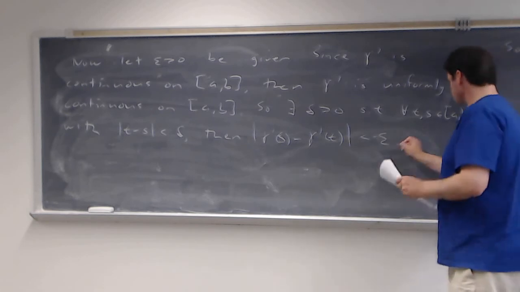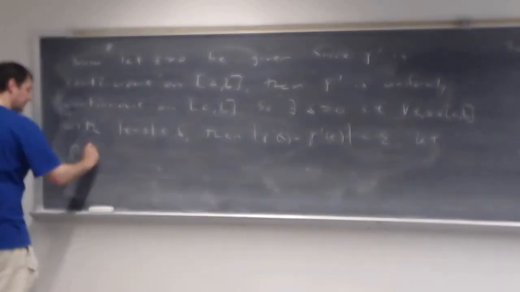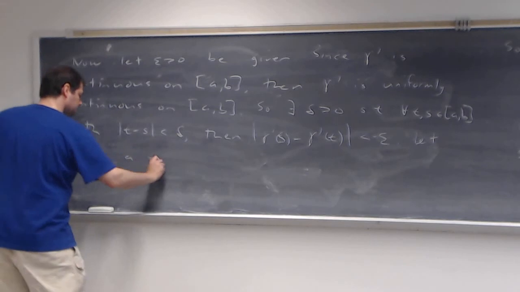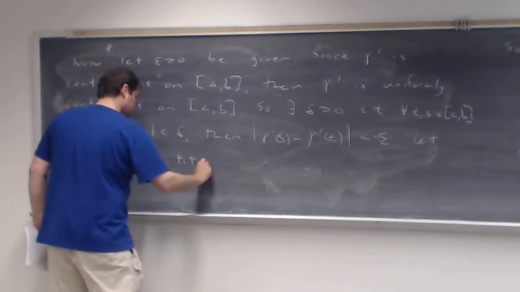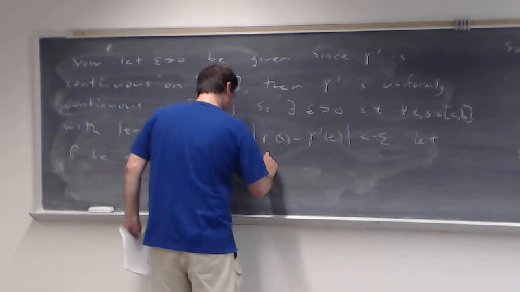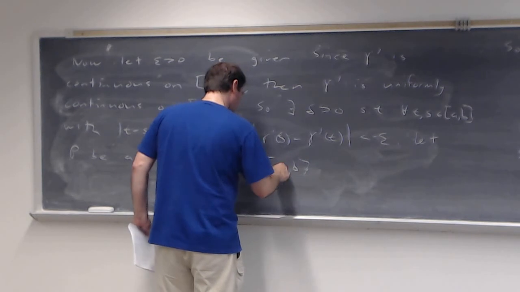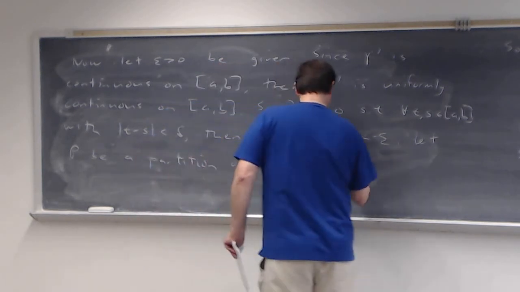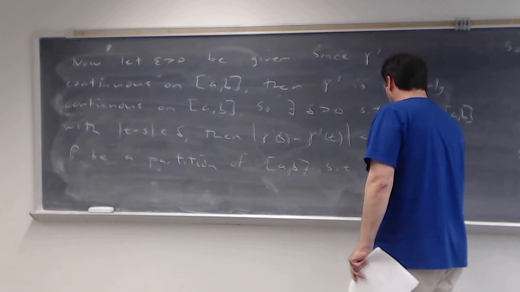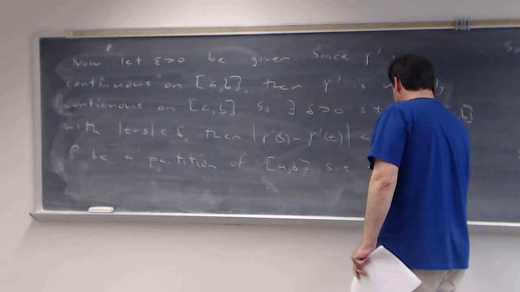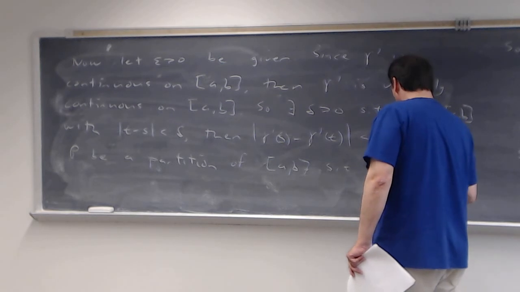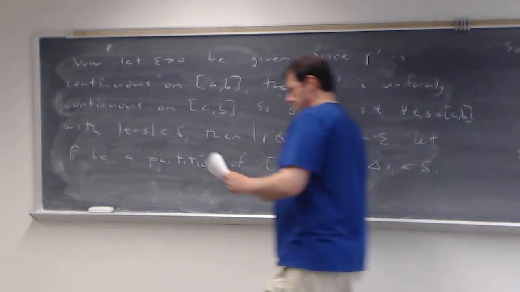Okay, so we let P be a partition of [a, b] such that the distance between consecutive partition values is going to be less than delta.